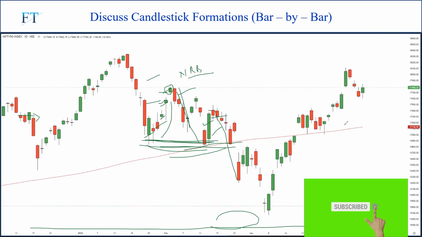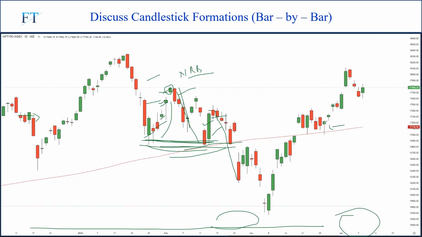Now, another very important candle here, right? This candle has opened here, and then sellers took the control. Sellers were in control, and it was a complete red bar, right? It has moved down even below the rising 200 MA. It has broken the low of this red candle here.